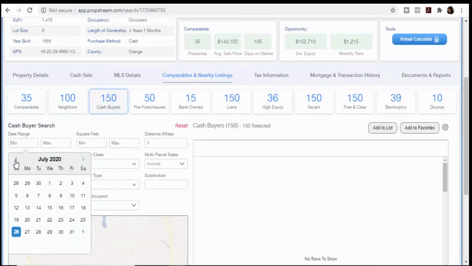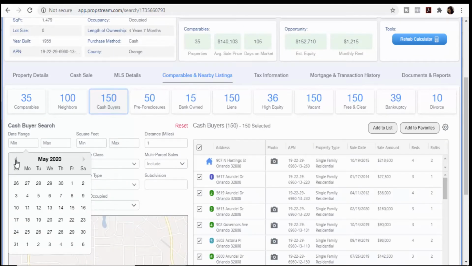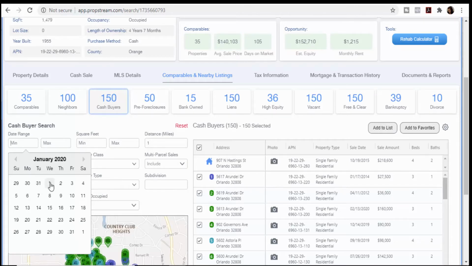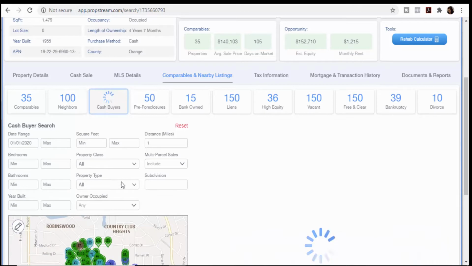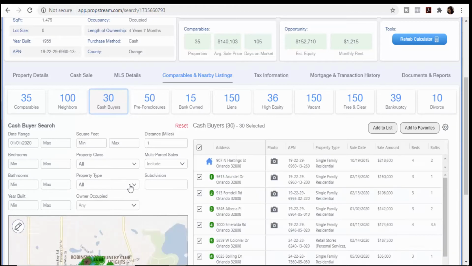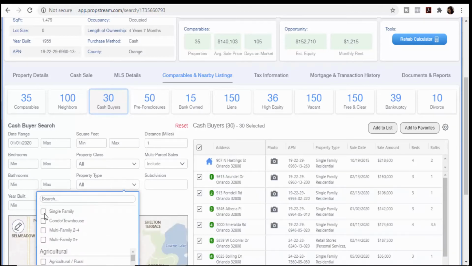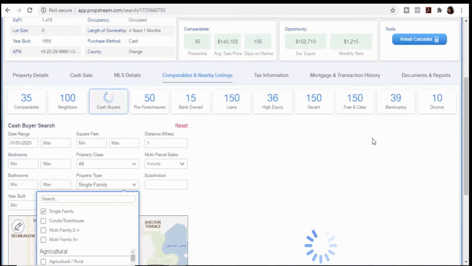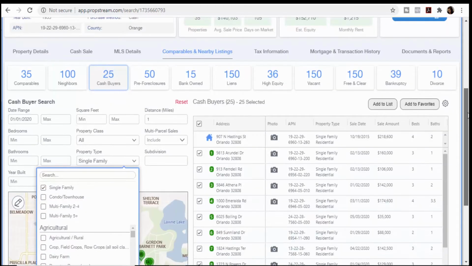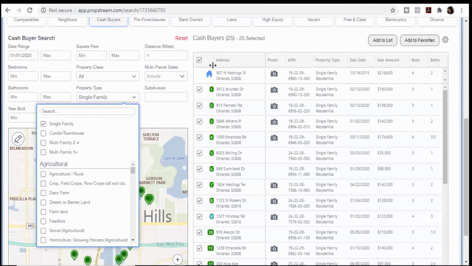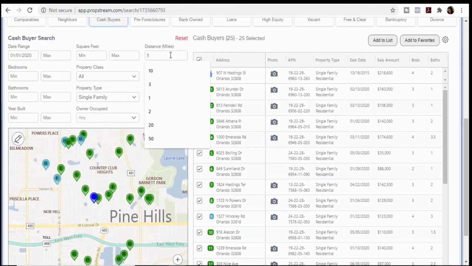Okay, we're going to go back 6 months. And make sure that we're only looking at single family properties. And we're going to go half mile.